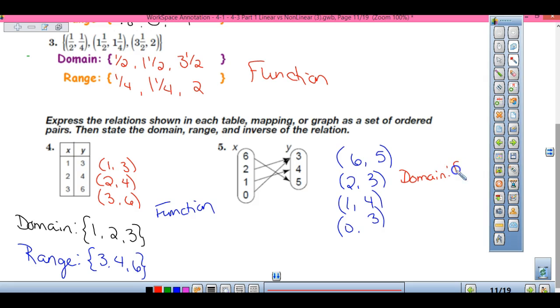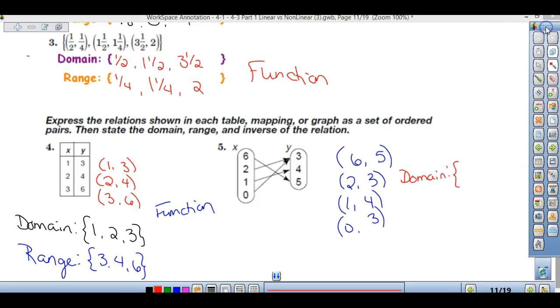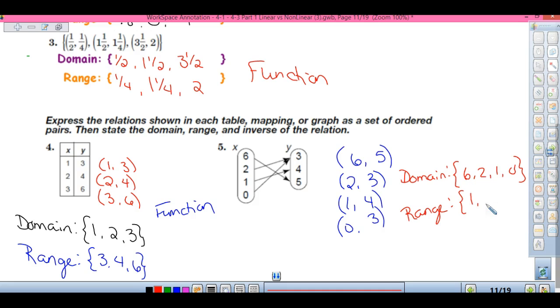Domain is 6, 2, 1, 0. Range is, oh wait, no, it's not 1. Sorry. 5, 3, 4. Do I have to write 3 twice? No, it's already in my list, so I don't write it again. Is this one a function? Yep, this is a function.